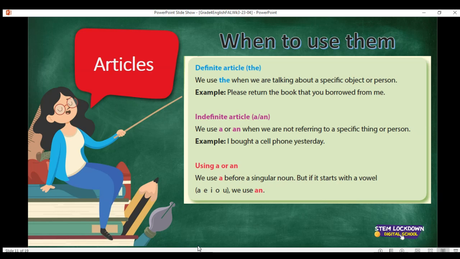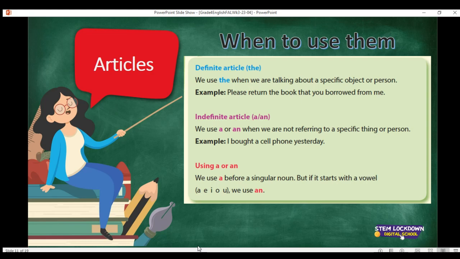Now, when you use a or an, there's a rule for those two. So we use a before a singular noun. But if it starts with a vowel, so remember A, E, I, O, U, you must use an. So if I say the Eskimo built an igloo, it starts with the I, so I must use an.